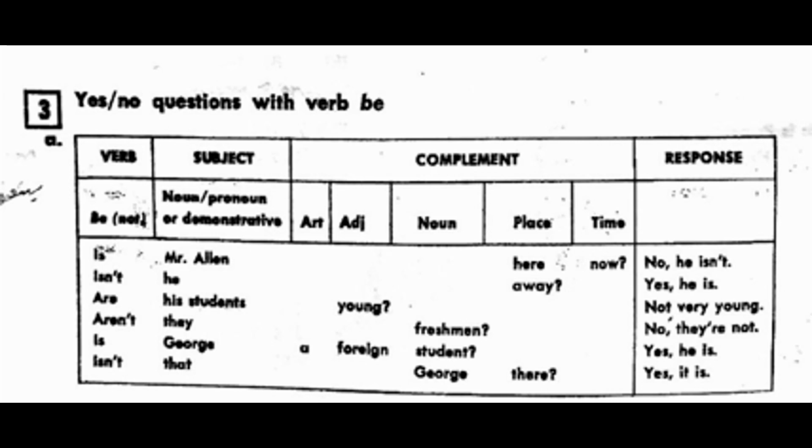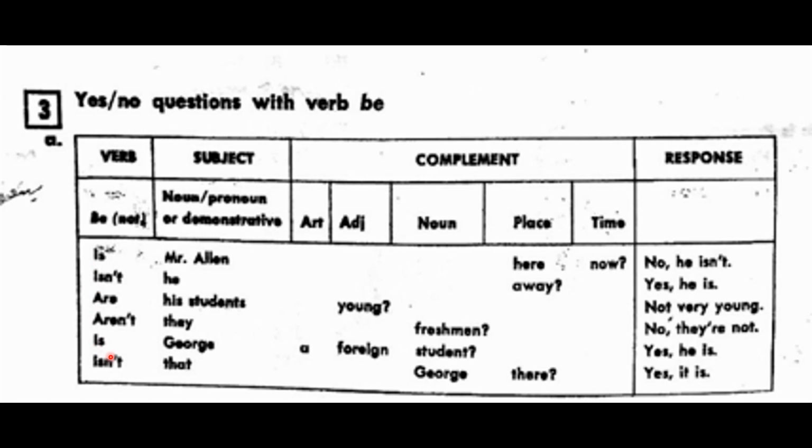How to make yes-no questions with verb be? I said that verb be is either is, isn't, are, aren't. Whenever we try to make a yes-no question, we need to relocate or change the position of the auxiliary and put it at the very beginning of a sentence.